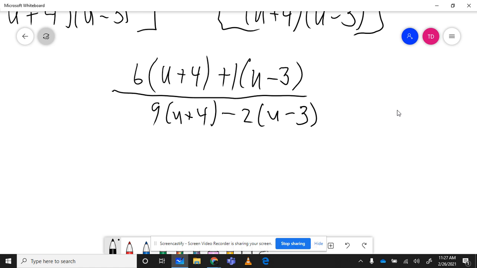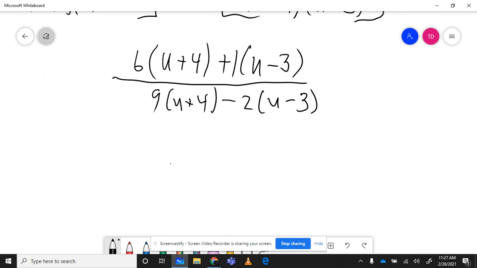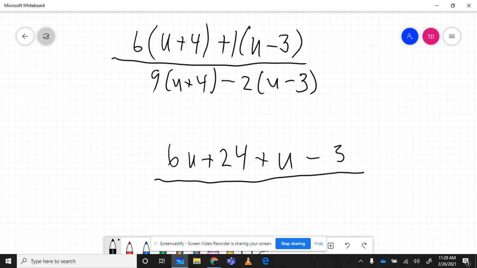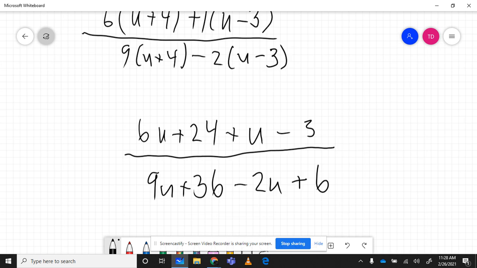Okay. So what can we do? We can say we have u plus 4, u minus 3. I guess we're just going to have to go through. So 6u and 24, u and negative 3, over 9u, 36, negative 2u, positive 6.